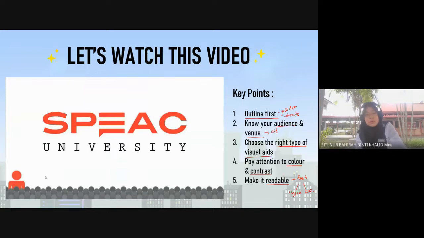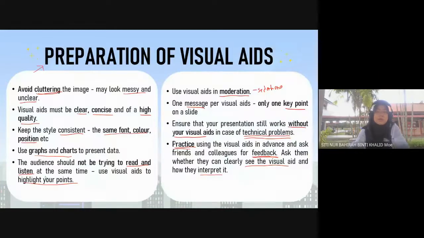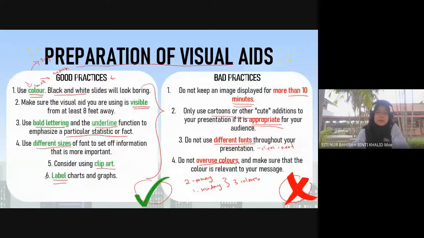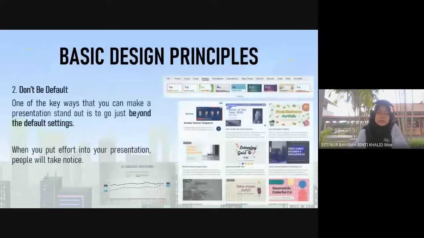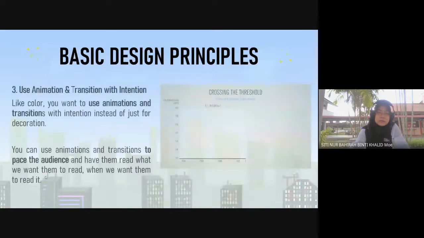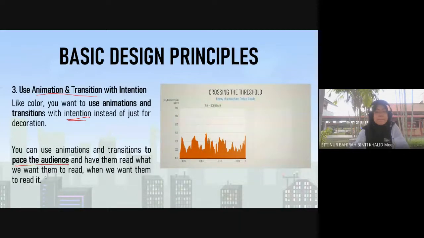So this is a way of me making sure you watch the video first and only then you read the key points that I have prepared here. So that is how you pace your audience. That means you make them do certain things first and then you make them do something else. Okay. So that is the purpose of using transitions.